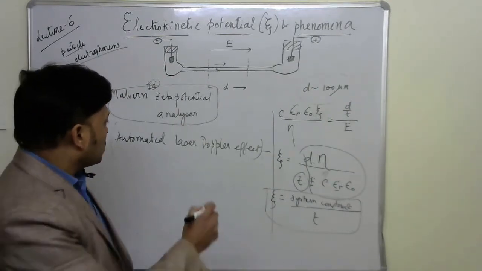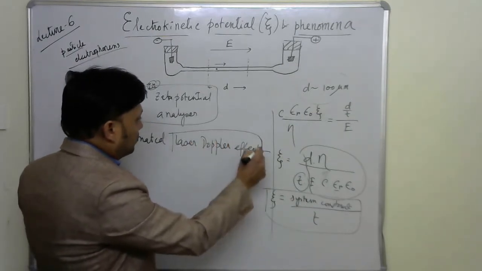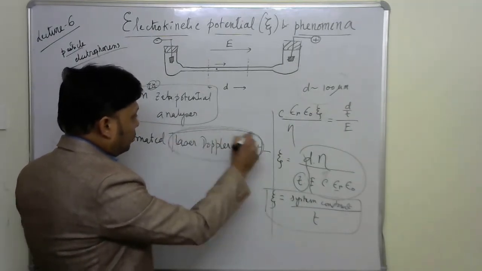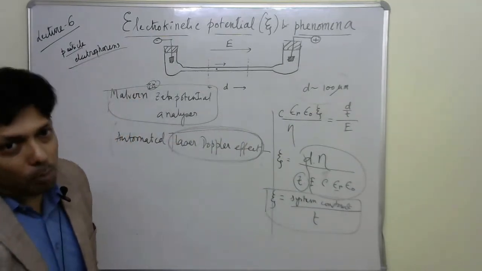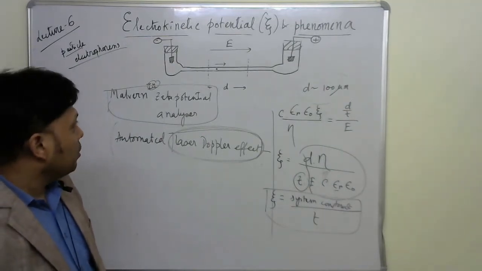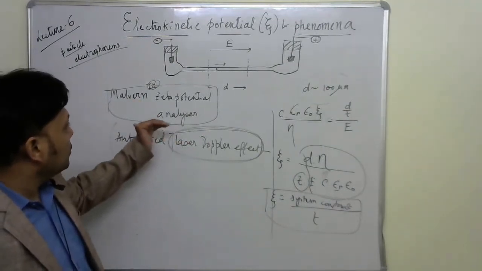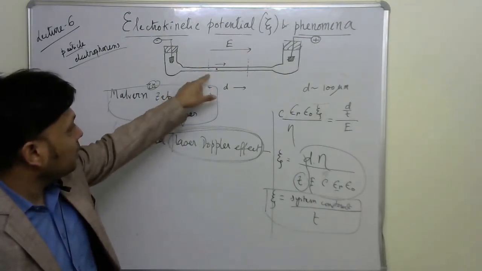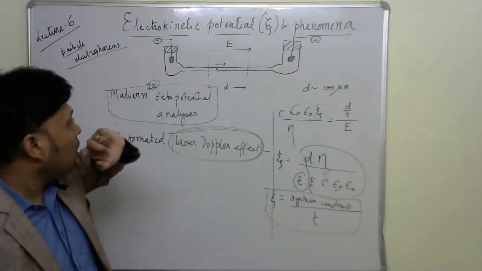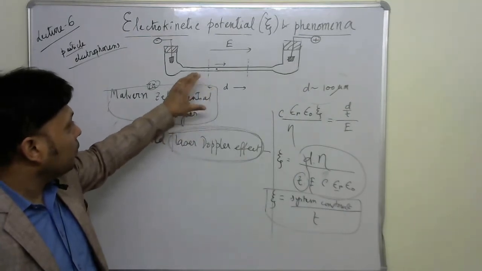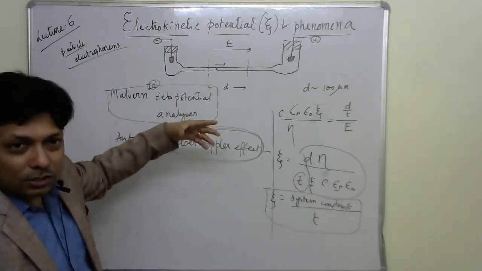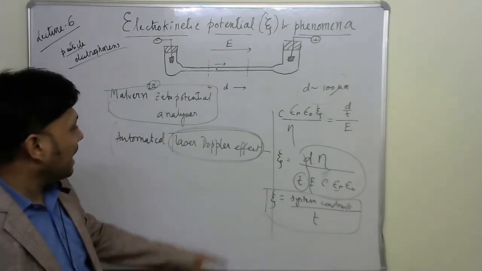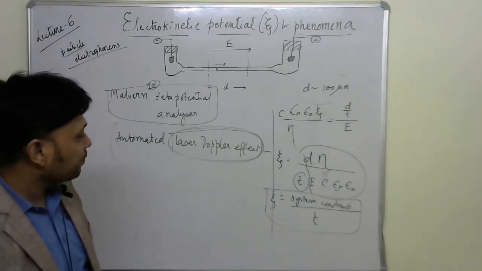So it's all possible due to the use of this laser Doppler effect. So using this Malvern Zeta Potential Analyzer, you can measure not only the zeta potential of the particle, but also the different particle size distribution through the dynamic light scattering experiment.